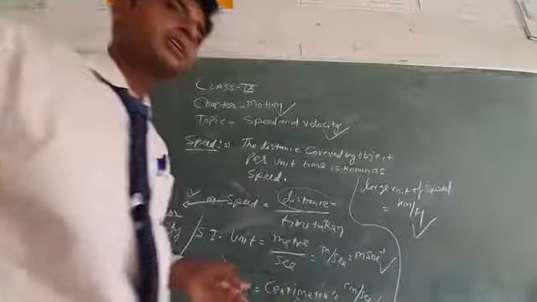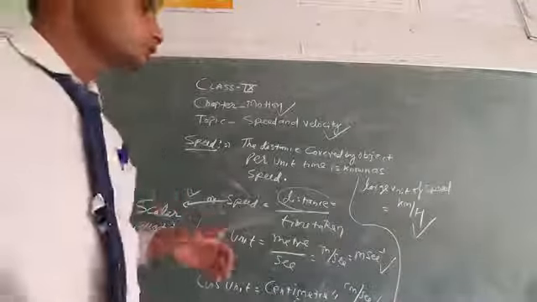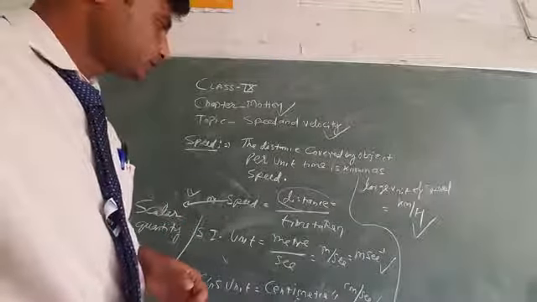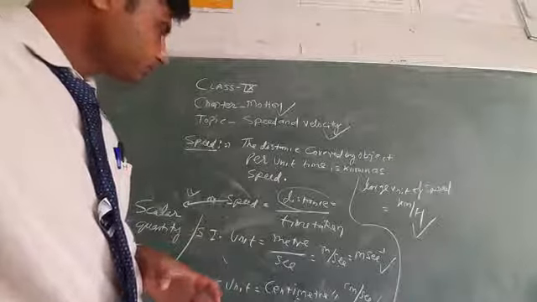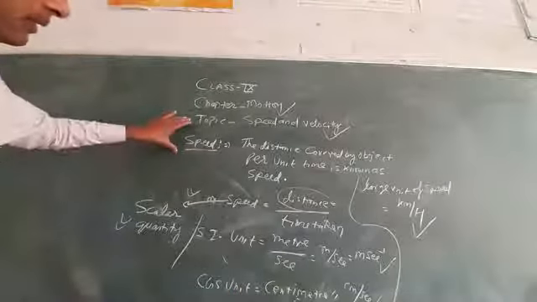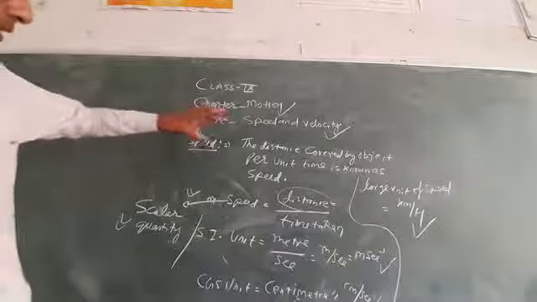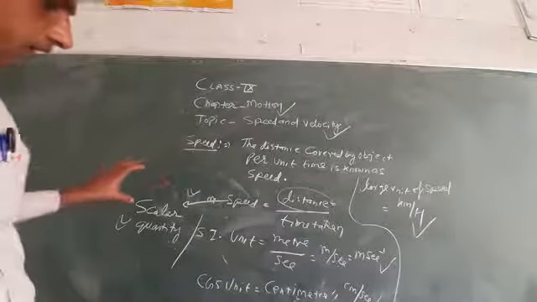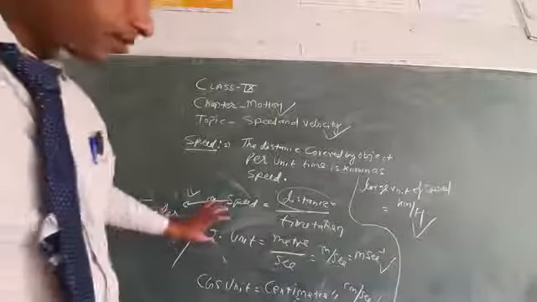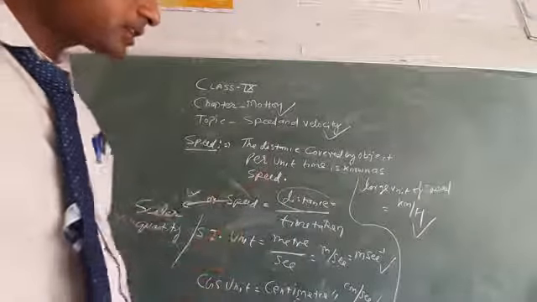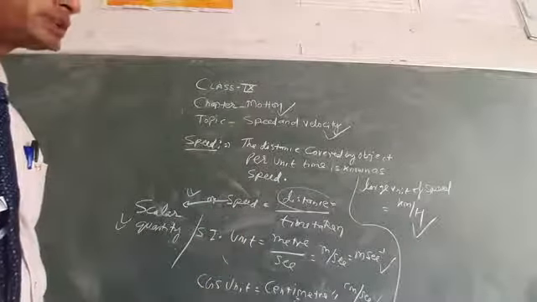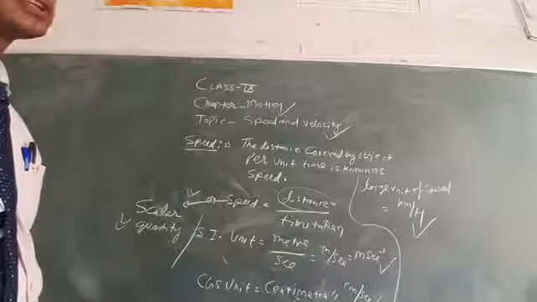Okay, so I hope you understood about speed. This definition, it is a scalar quantity, SI unit meter per second, CGS unit centimeter per second, and larger unit of speed is kilometer per hour.